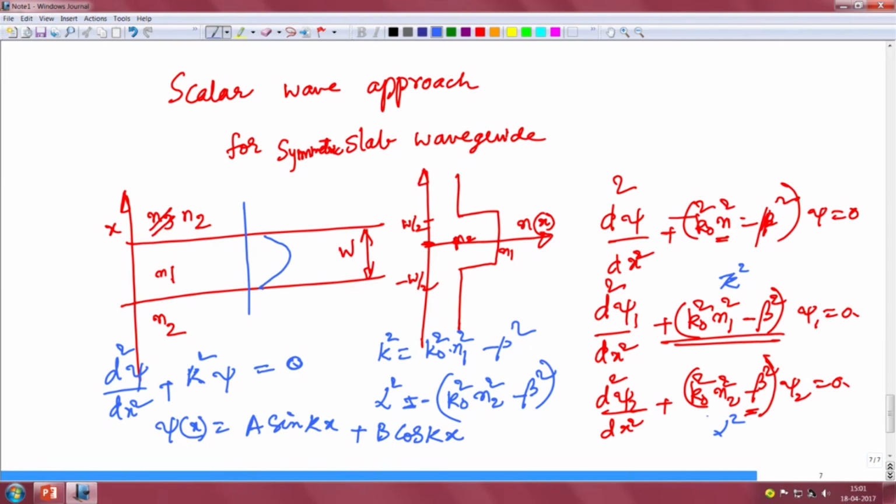And if we choose alpha to be negative, or if we choose beta such that k 0 square n 2 square is less than beta square, then alpha is negative, and we can represent a field in the cladding in terms of exponential fields, exponentially rising and exponentially decaying fields. So, this is a typical form of the mode field profile.